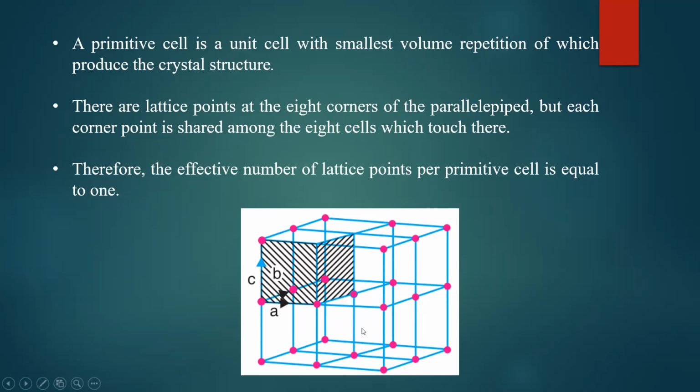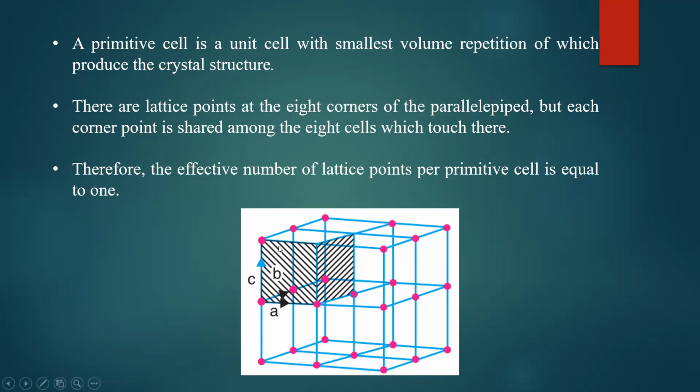Therefore, this primitive cell contains 8 lattice points here. Each lattice point gives you 1 by 8th share. Therefore, what is the number of lattice points present in this primitive cell? That is 1 by 8th share of 8 lattice points, that is equal to 1 by 8 into 8, that is equal to 1.